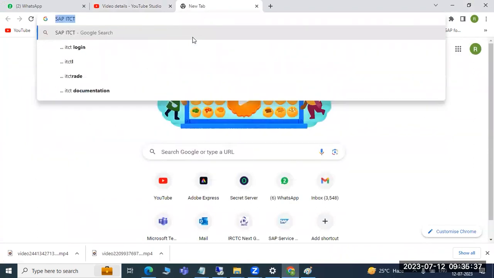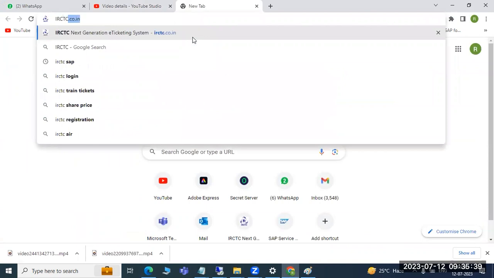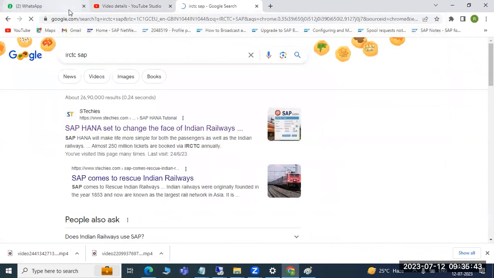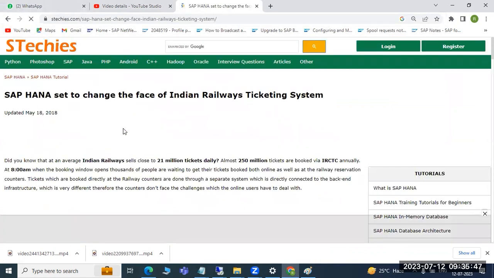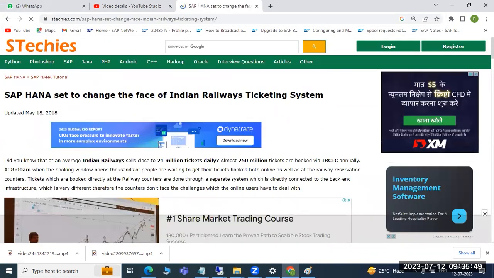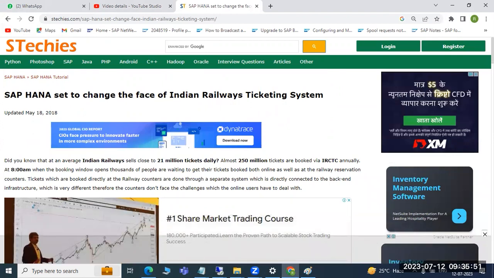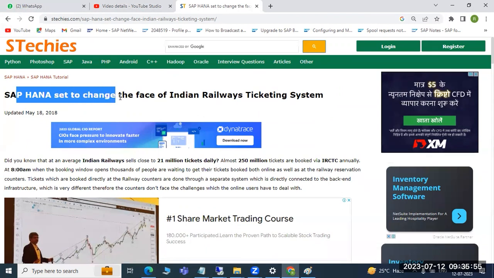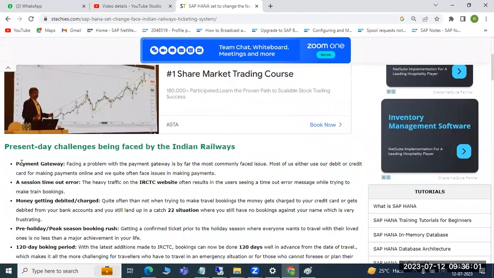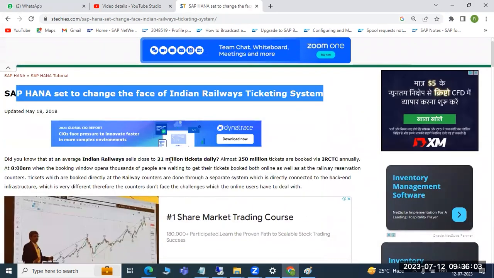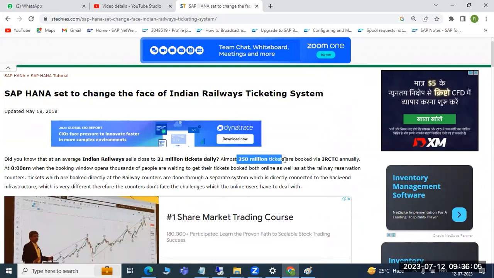Previously it was slow, and it was unable to book tickets. Nowadays, tickets are booked easily. Why? Because Indian Railways changed their ticketing system to SAP HANA. Per day, they are booking around 250 million tickets.